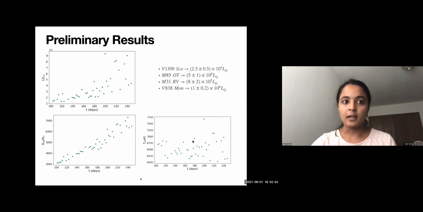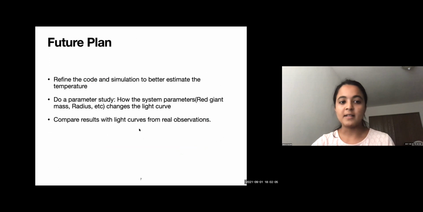The future plan is to do a parameter study of how system parameters like red giant mass and radius change the light curve, and of course compare our results with the light curves from real observations and try to match our simulations with the real observations.